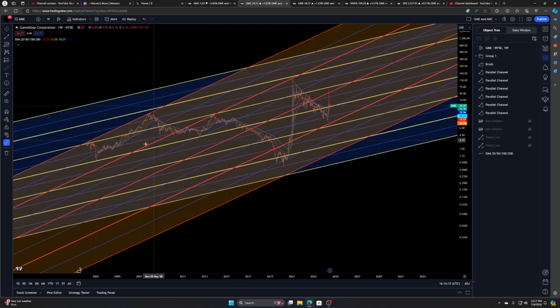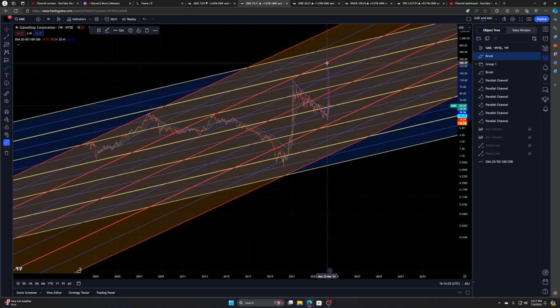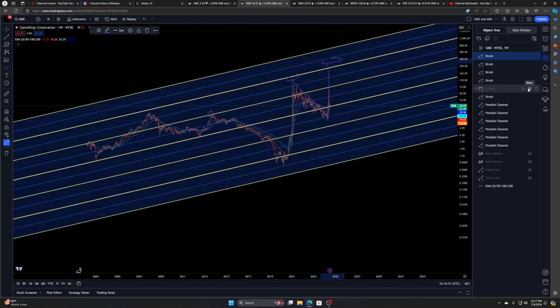This is creating macro uptrend channels. We would come up, boom, right? And it gives you more context into what price is actually doing. For example, here, boom, top, and then here, boom, you'd have a top. But using just one channel, you wouldn't be able to see that, right?